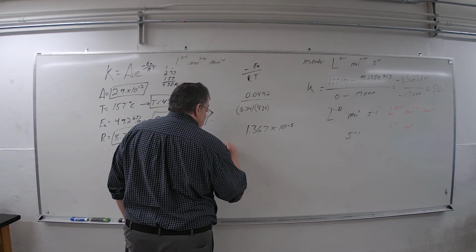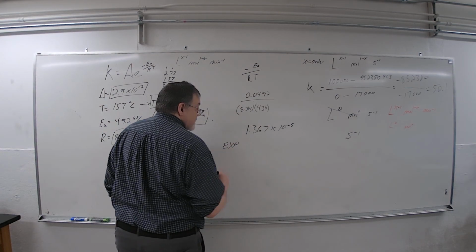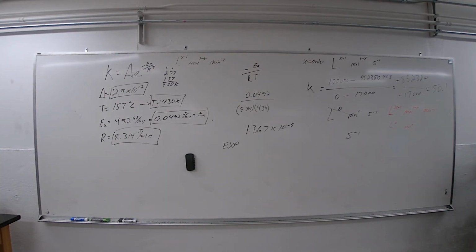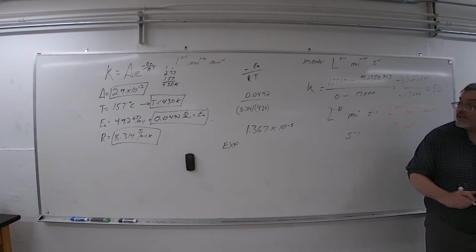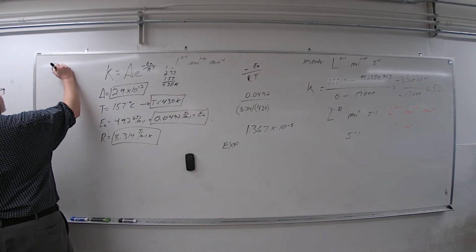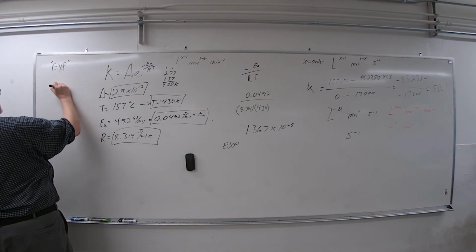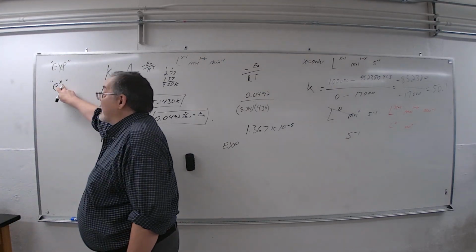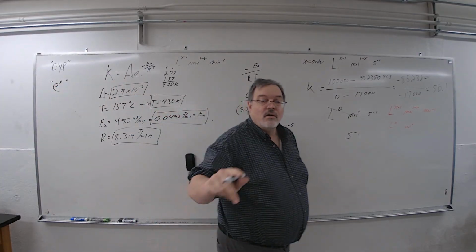On here, I think it's the EXP key. It's going to be EXP or it's E to the X. Yeah, on this one it's EXP, but you're either looking for a key that says EXP or it'll say E to the X. And what you've got on the screen is the X, and then you'll hit enter.